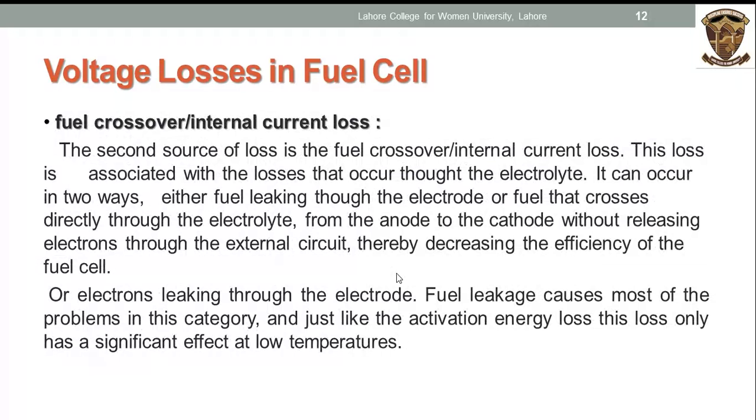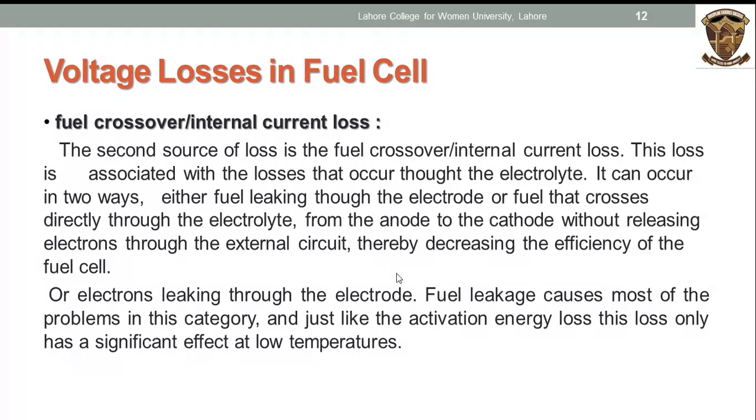Now, the second loss, fuel crossover or the internal current loss. The second source of loss is the fuel crossover or the internal current loss. This loss is associated with the losses that occur through the electrolyte.